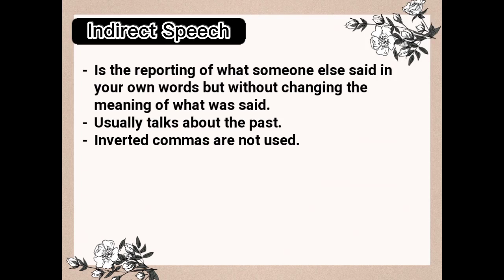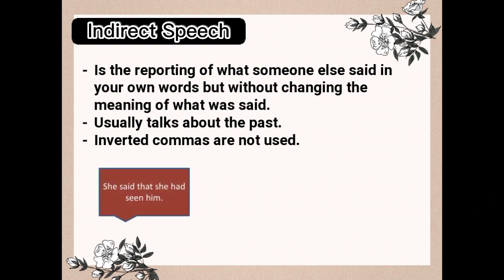Next is the indirect speech. It is the reporting of what someone else said in your own words but without changing the meaning of what was said. And it usually talks about the past, and inverted commas and quotation marks are not used. So in indirect speech, it gives only the general idea or meaning of what a person said.